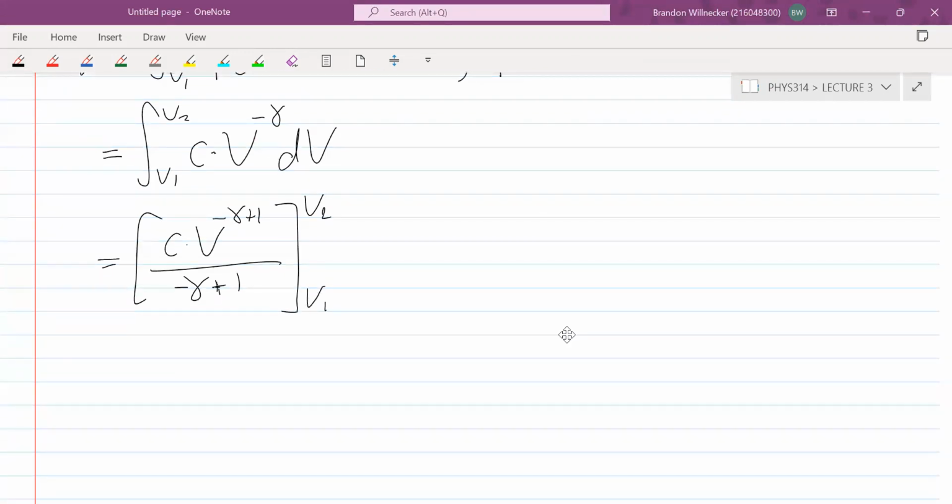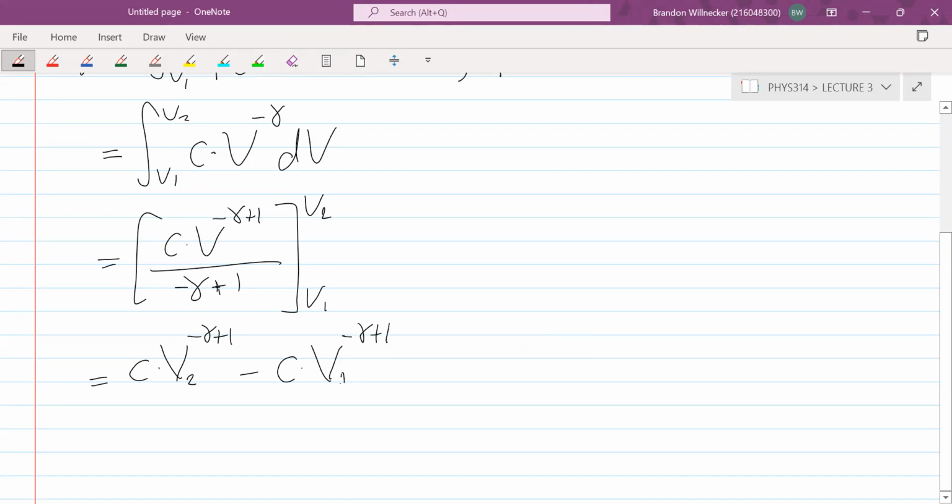Now we evaluate at the upper bound and at the lower bound. So this is going to be C times V2 to the minus gamma plus 1 minus C times V1 to the minus gamma plus 1, all over minus gamma plus 1, which we can write as 1 minus gamma.